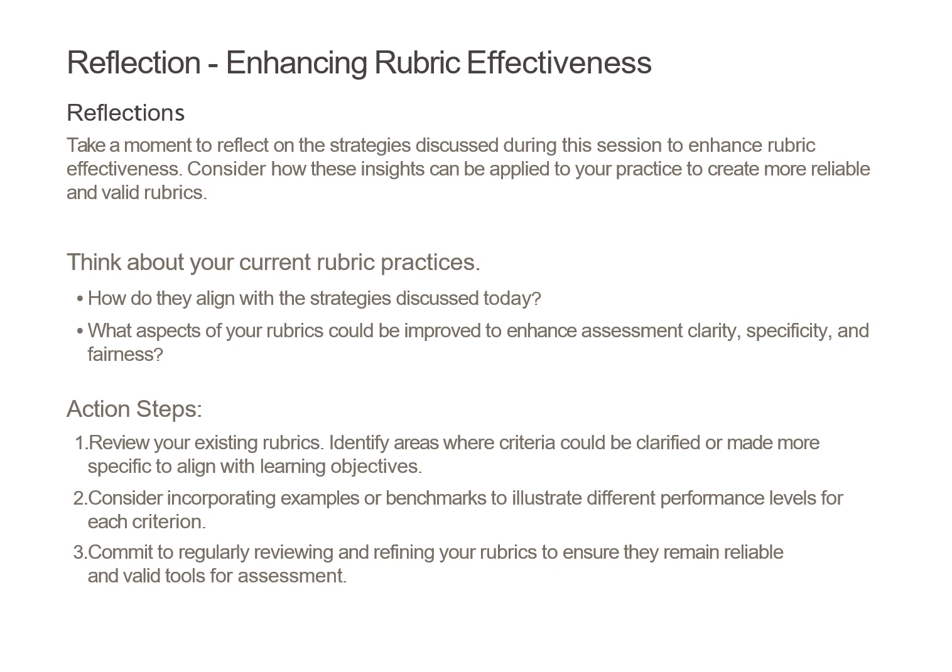And then commit to regularly reviewing and refining your rubrics to ensure they remain reliable and valid tools for assessment. If you choose to pause the video while you reflect, be sure to restart it when you're ready to continue.